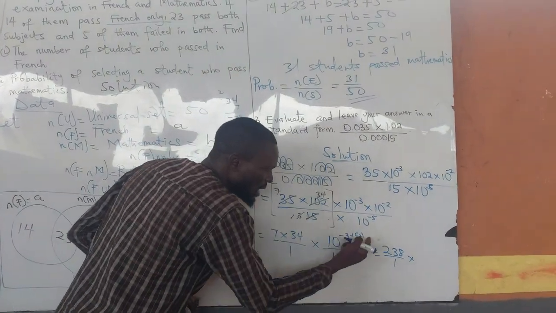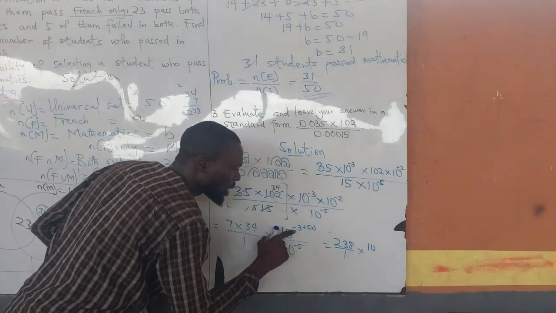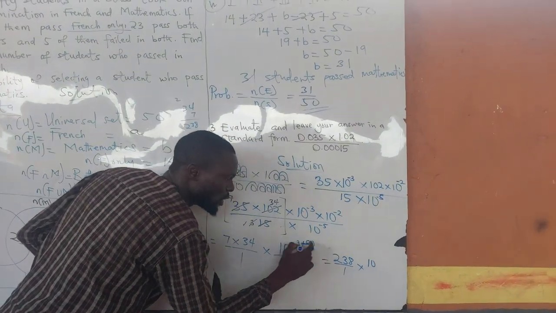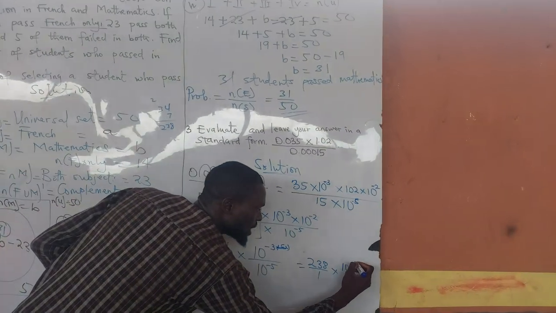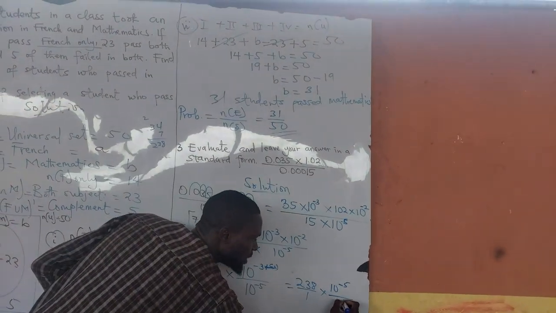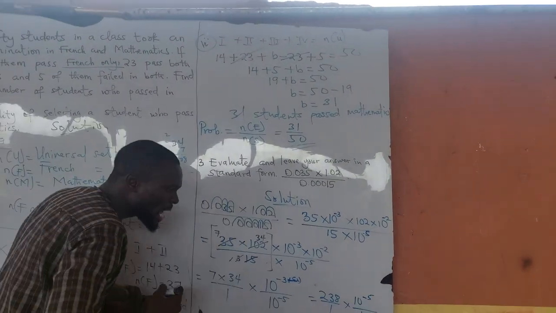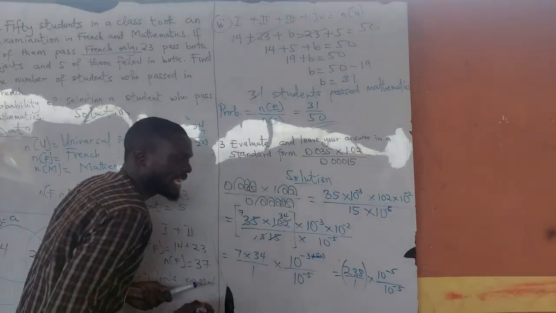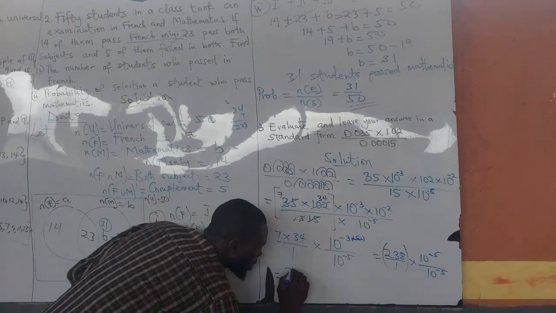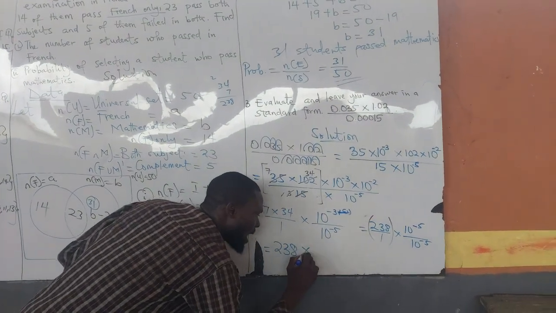Times, let's deal with the simplification here, which gives you 10 raised to the power -5 all over 10 raised to the power -5. Now the whole number part here is 238.